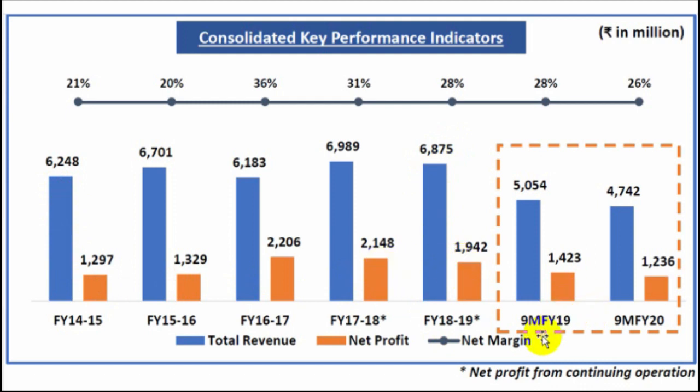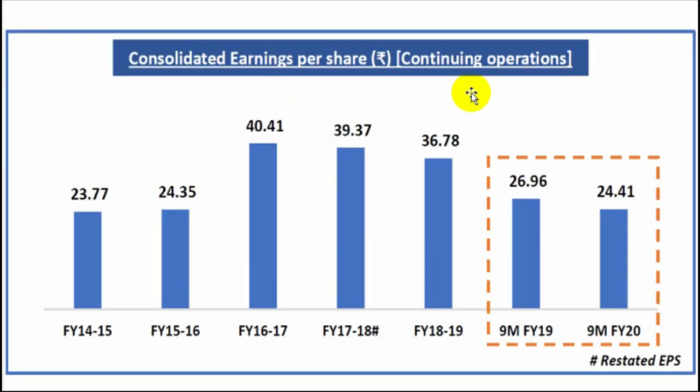If you look at the 9 months FY 19 with 9 months FY 20 data, the overall income has dropped from 505 crores to 474, and the profits have dropped from 142 to 123 crores. Consolidated EPS in FY 18-19 was 36 rupees per share compared to 23.7 rupees in FY 14-15. In the 9 months ending FY 20, the earnings per share has reduced to around 24 rupees.